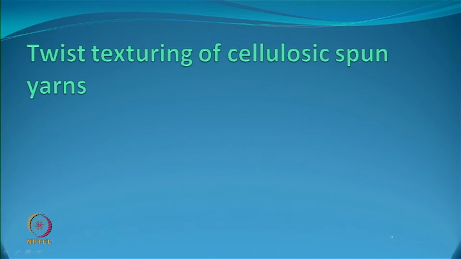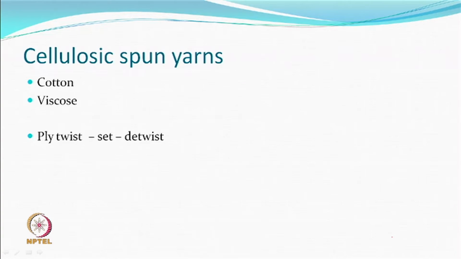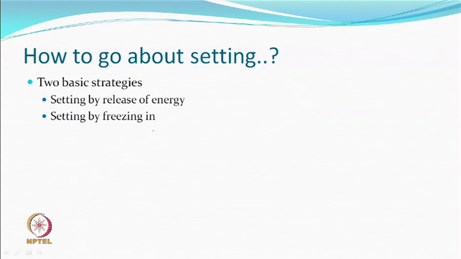So, let us for some time look at texturing of cellulosic spun yarn, which means cotton, viscose and such type of material. So, this is what it is, which we said we will use these materials and go by the process, except the difference will be here. As far as this is concerned, there are two basic strategies, they do not change.